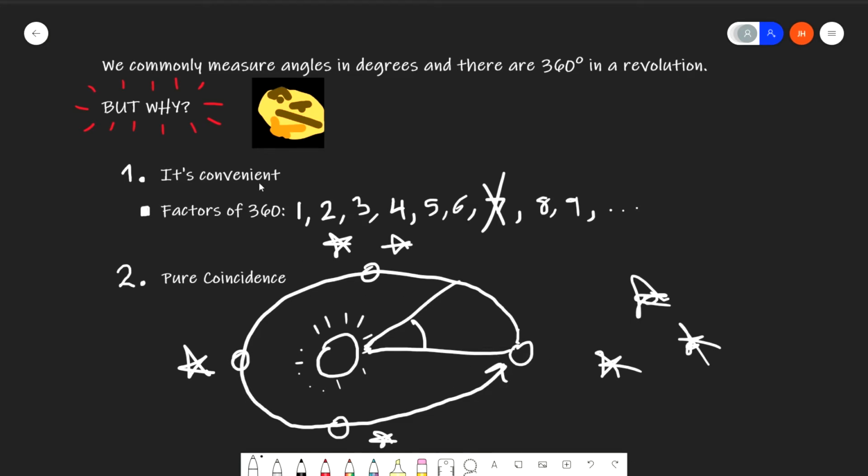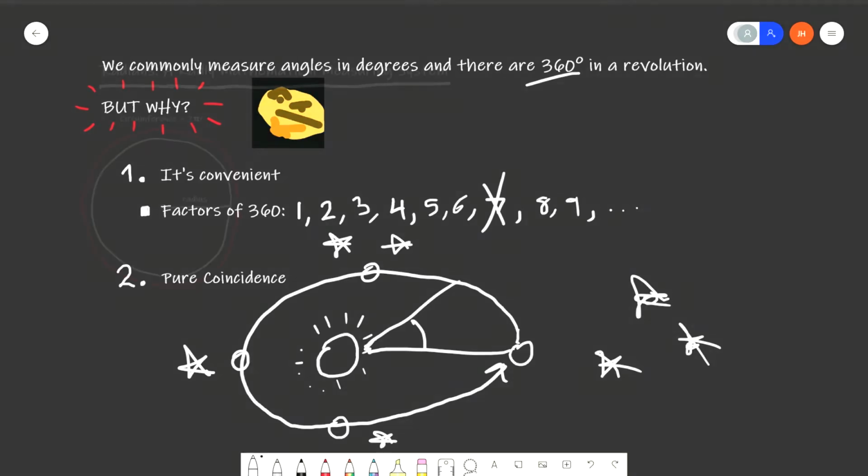It takes approximately 360. So it's actually just a coincidence, because really this isn't the case for all planets. This is just the case for Earth. One full revolution around the sun takes us 365.25 days. And if you round that to make it nice and easy, you end up with 360. So why do degrees even exist? Why are they 360 in a revolution? These two reasons: convenience and coincidence.